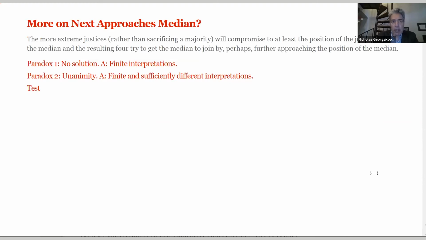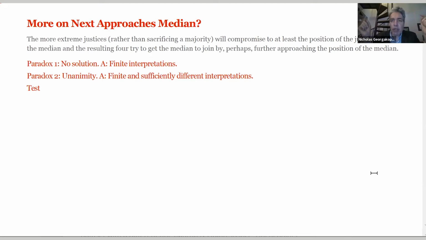It turns out that this will have the most explanatory power, but let me explain it a little more. Essentially, the more extreme justices, the justice that is far to the left and the justice that is far to the right, know that if they insist on their interpretation on some matter, they will lose the vote of the median. So they concede ideological ground, and they approach the median.